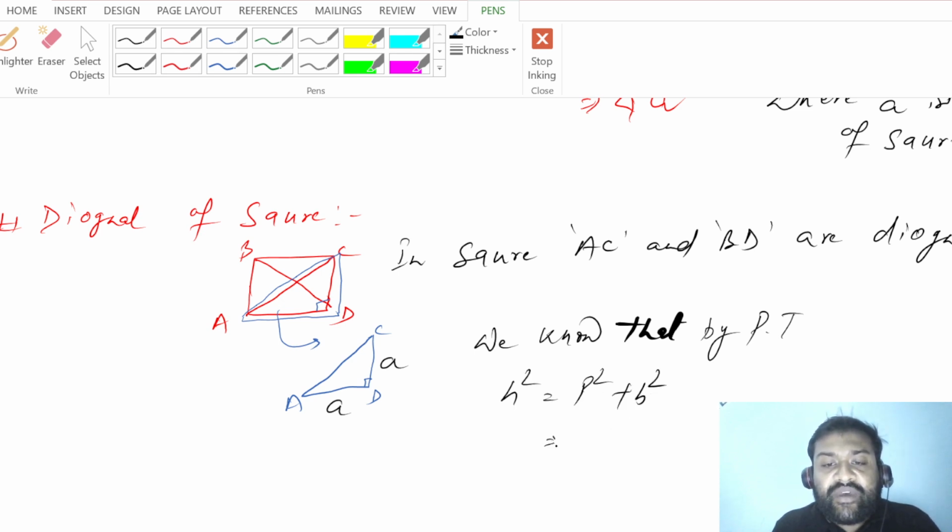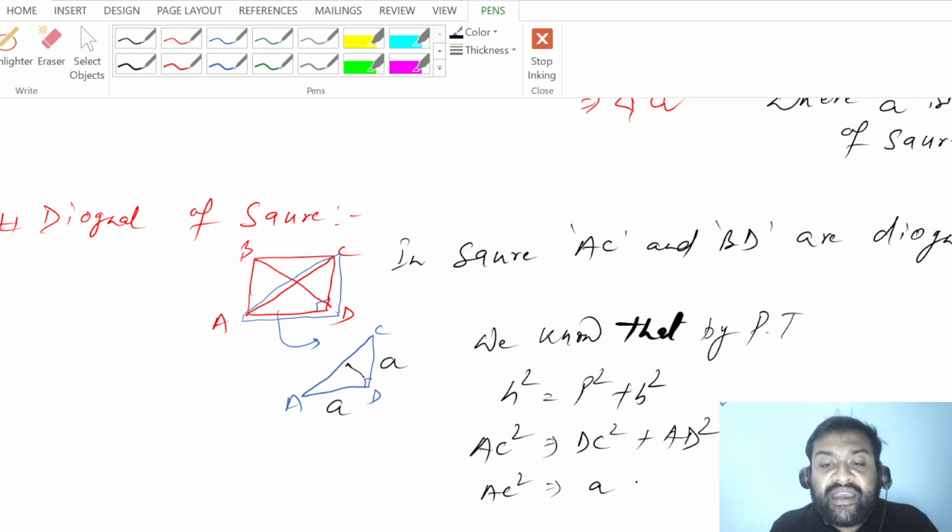H is the hypotenuse. Hypotenuse is the side just opposite the 90 degree. So AC square is equal to P square plus B square, where perpendicular is DC, so DC square plus AD square.